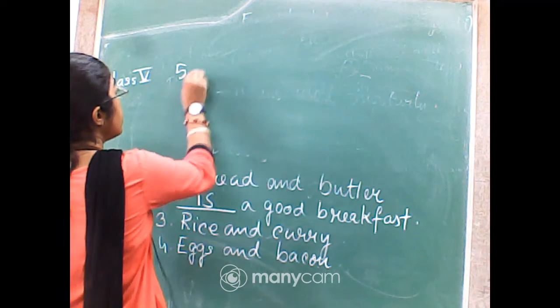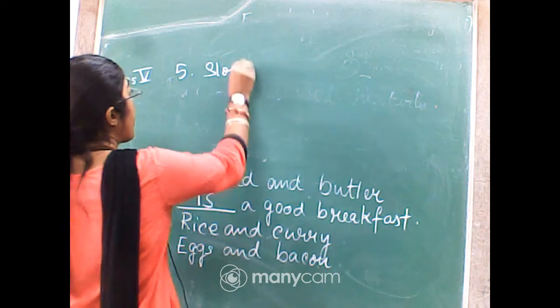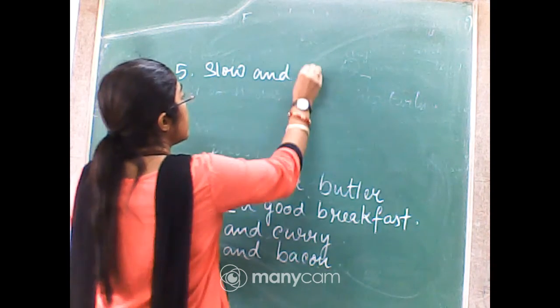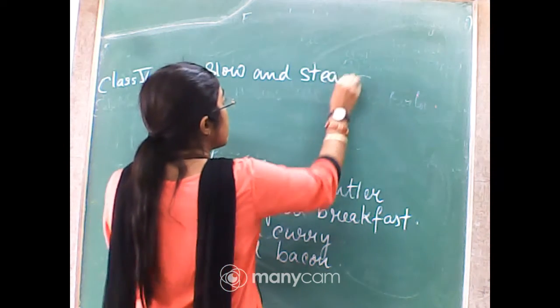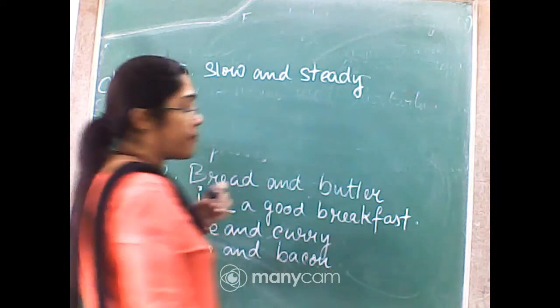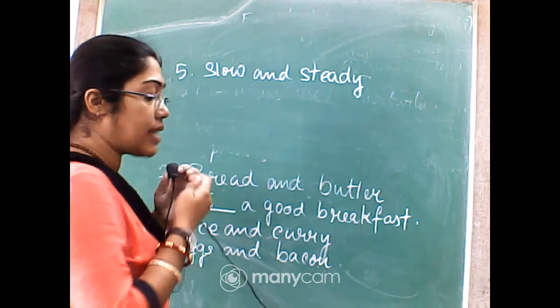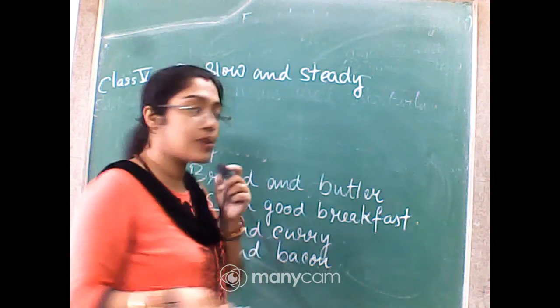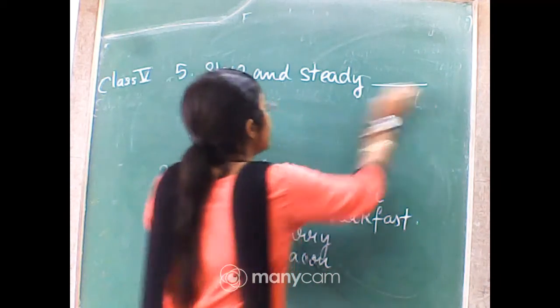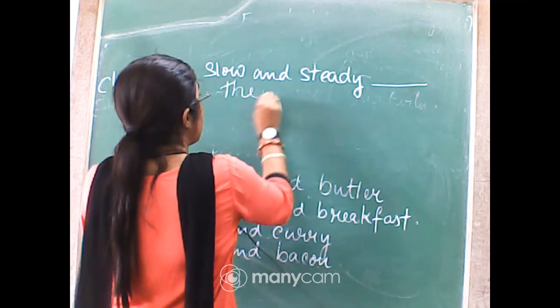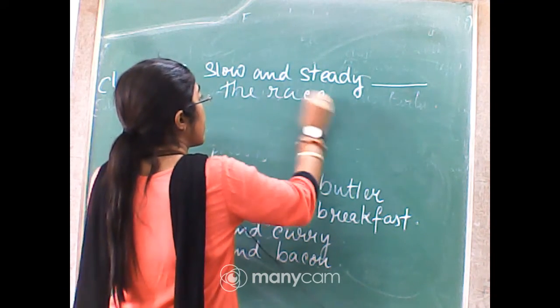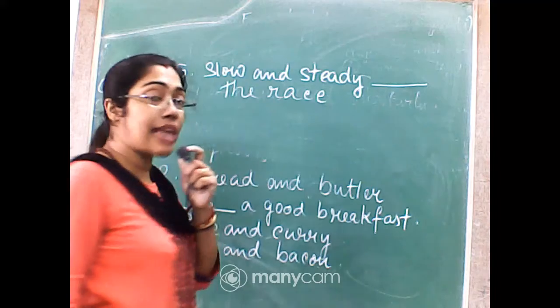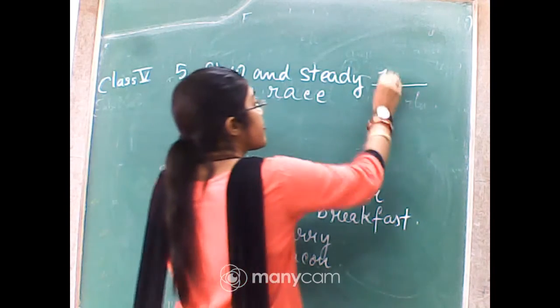Number 5. Slow and steady. Now slow and steady, that is the name of one character. Slow and steady dash the race. What we will write?